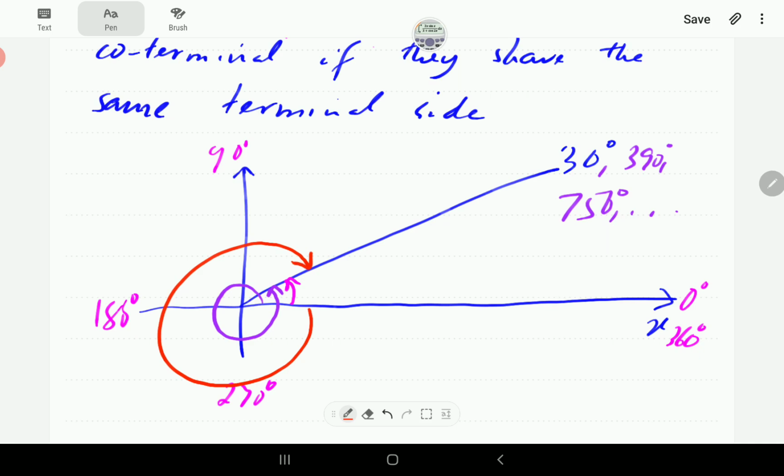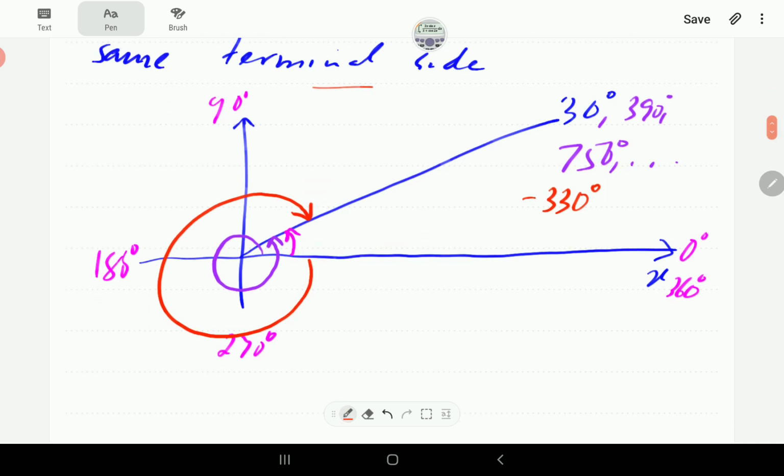So remember, we said these angles are negative, so that one is going to be almost 360, but it's going to be 30 less than 360, so it's going to be negative 330. So from this definition, all these four angles are coterminal.